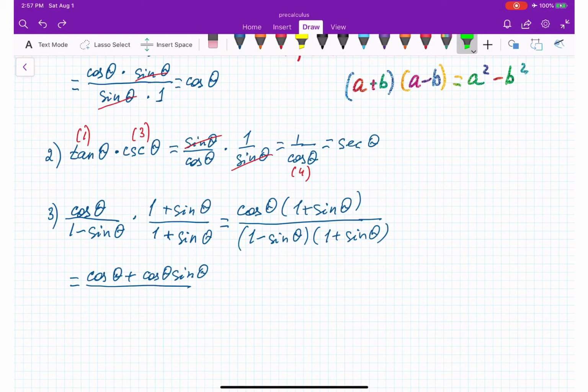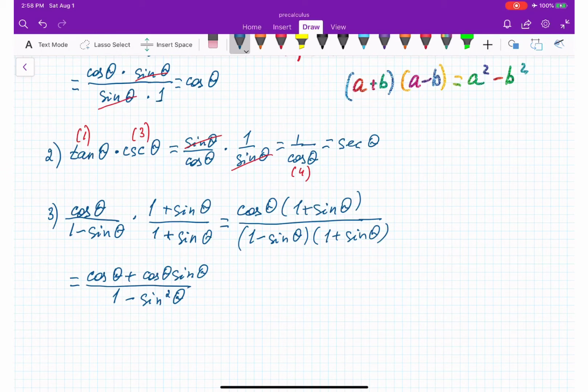It's going to be 1 squared, which will be 1, and minus sine squared theta, that will be my b squared, because sine times sine is going to be sine squared, and under no circumstances is it going to be sine theta squared.